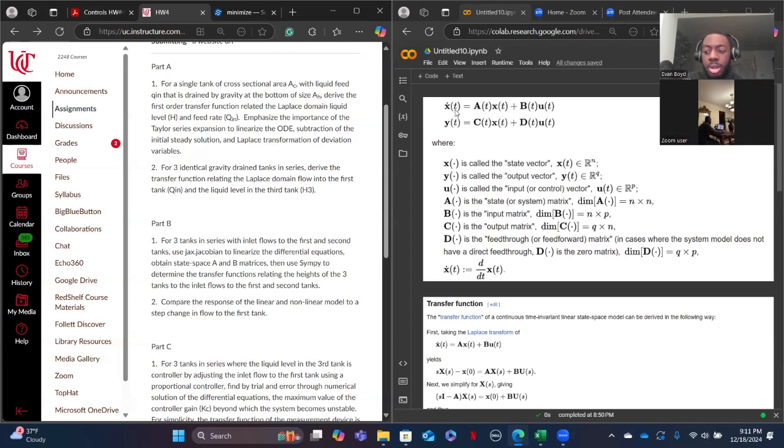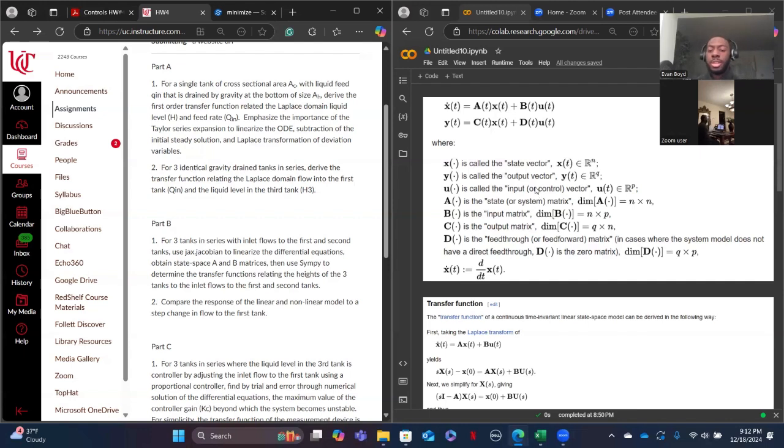We have x dot, the derivative of our state vector x. So x dot of t is equal to A, which is our state matrix, times x, our state vector, plus B, which is our input matrix, times u, which is our input vector.